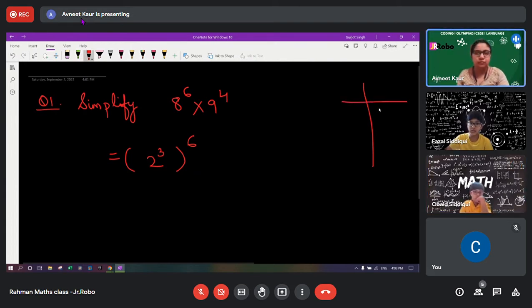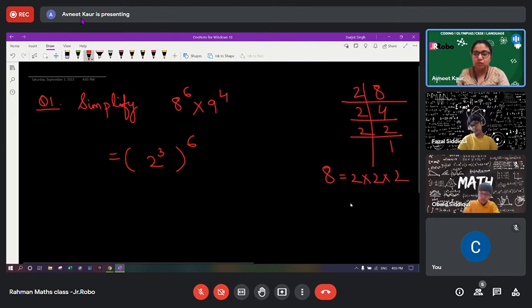Let's do prime factorization of 8. 2 into 2 into 2. So 8 is 2 raised to the power 3.